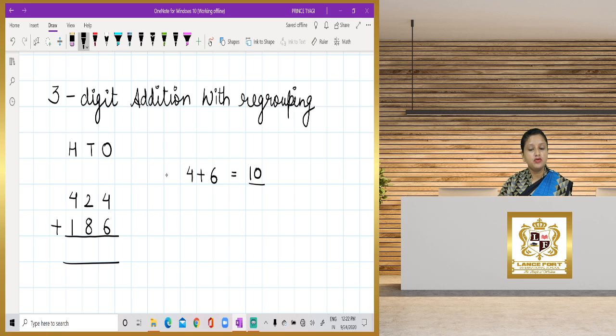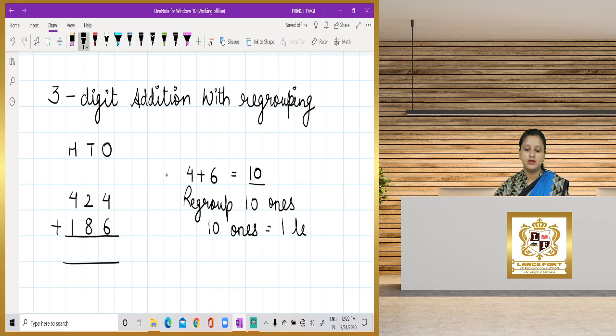Now we have to regroup this 10 into tens and ones. So regroup 10 ones into tens. You know that 10 ones means 1 ten.